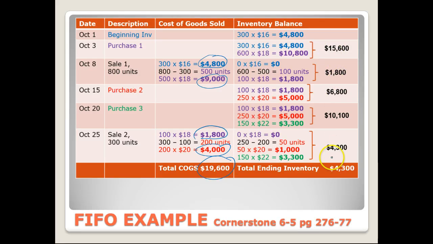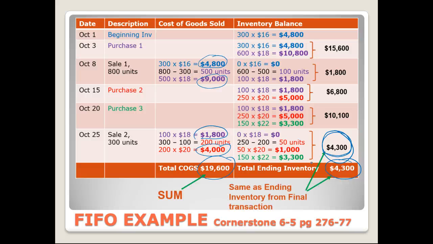In terms of ending inventory, it's just whatever I was left with at the end of the last transaction. So if there was $4,300 left after the October 25th sale, then there's $4,300 of ending inventory left at the end of the month. Notice we sum the COGS column. We just grab the ending final inventory from the last transaction for ending inventory.